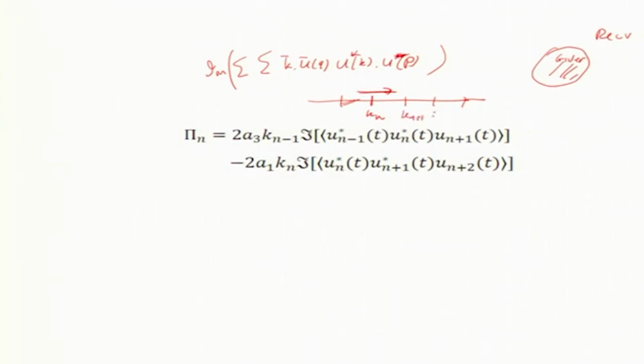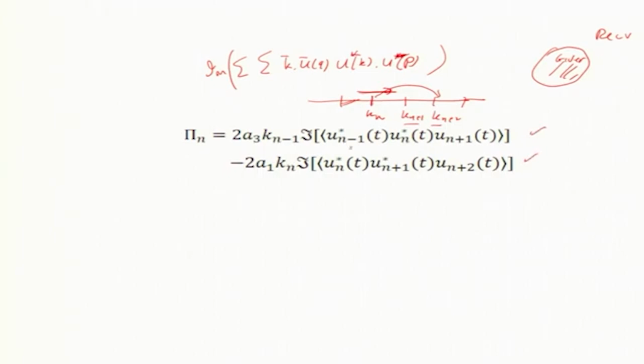So, energy received by k n plus 1 and so on, but it is a local model, in the sense the interactions are only local. So, k n interacts only with 2 more shells on the right. We do not need k n plus 3, because k n can only interact up to k n plus 2. So, stop there. There is no integral, there is just a sum, there are 2 terms.